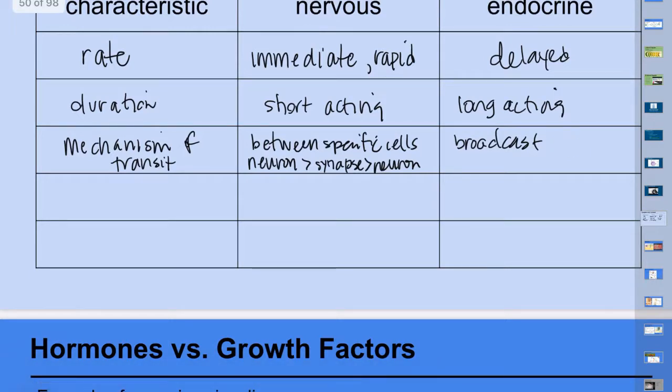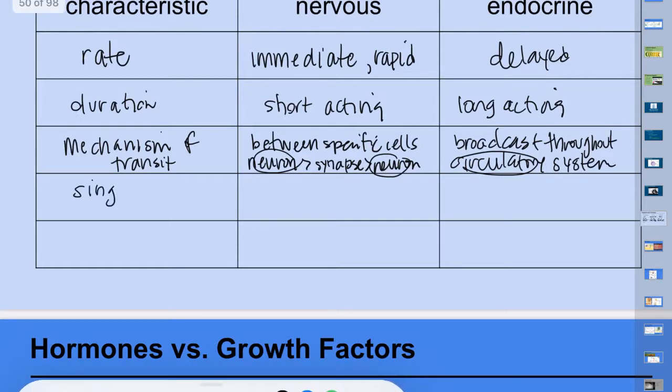But in the endocrine system, it's broadcast throughout the entire organism. Only certain target cells are going to hear it, and it uses the circulatory system. So while the nervous system goes between specific nervous system cells, the mechanism of transit for the endocrine system is a borrowed system.